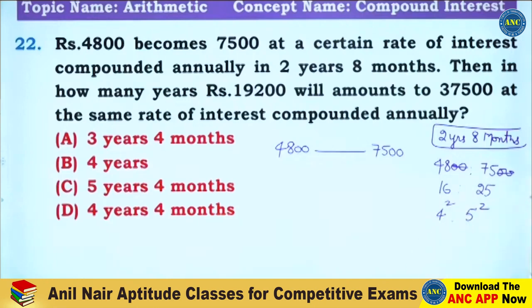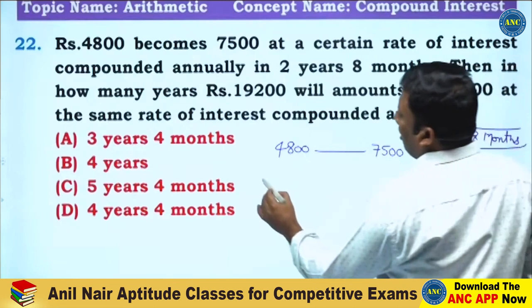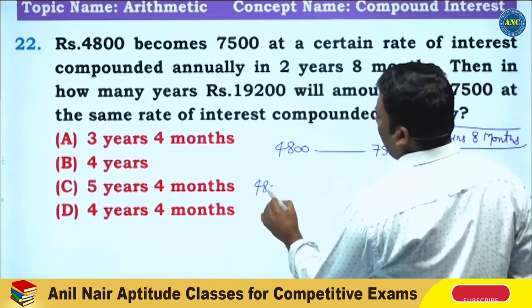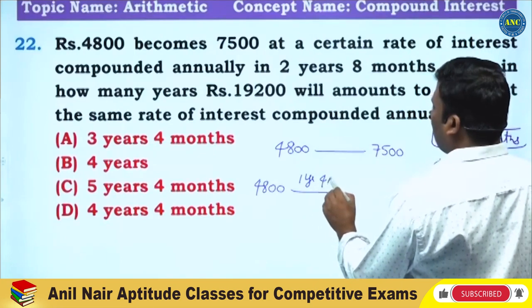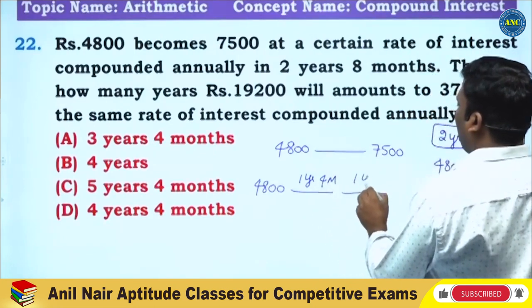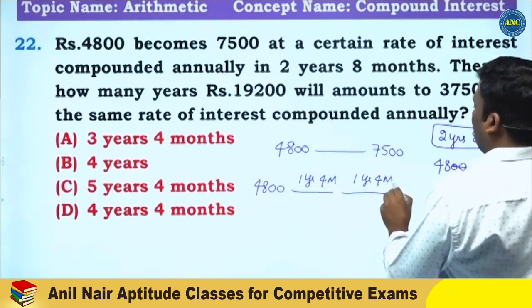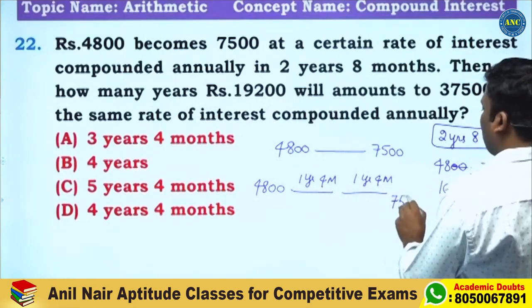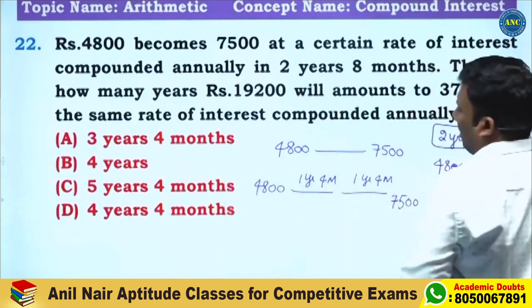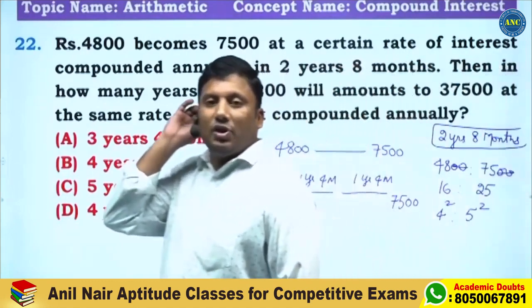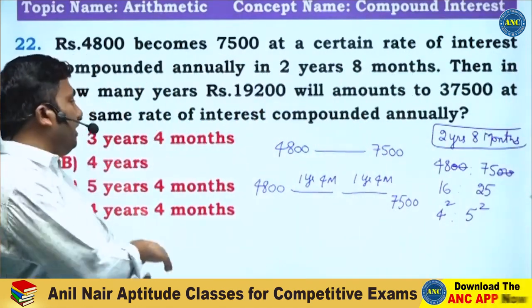That means I have to divide these 2 years 8 months into 2 equal parts. What will be the first part? 1 year 4 months. What will be the next part? 1 year 4 months. Till here it is clear. Why it is divided into 2 is clear.